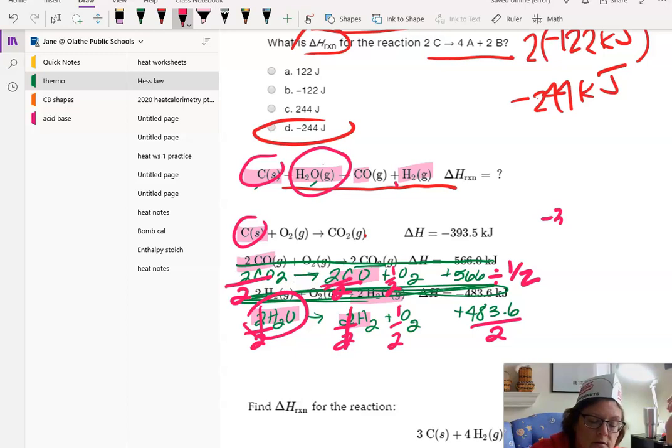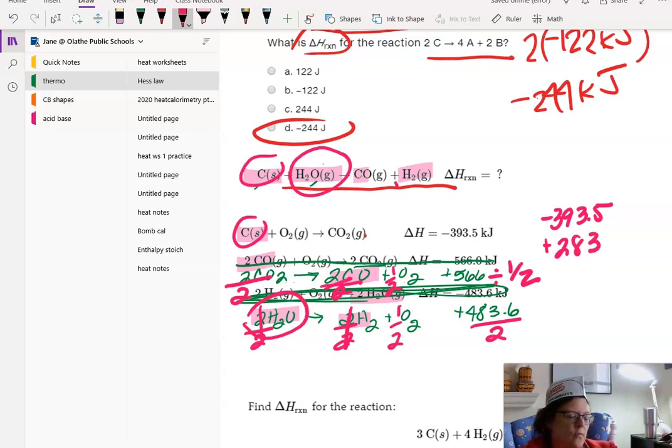So we have negative 393.5, 566 divided by 2 is negative 283. Oh, no, it's positive, though. And 483 divided by 2 is 241.8.